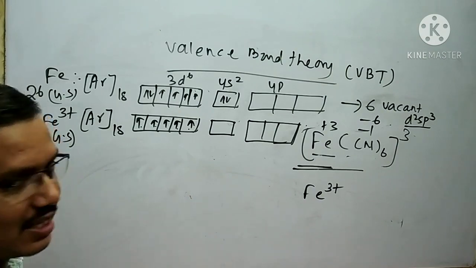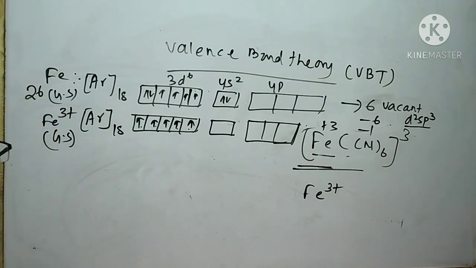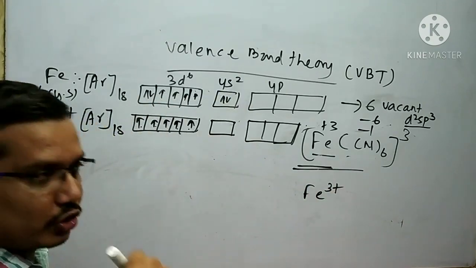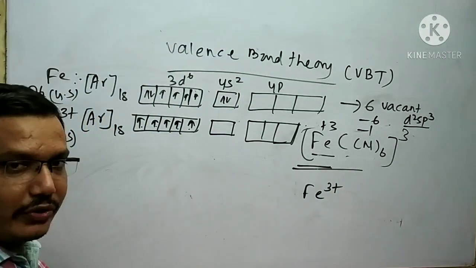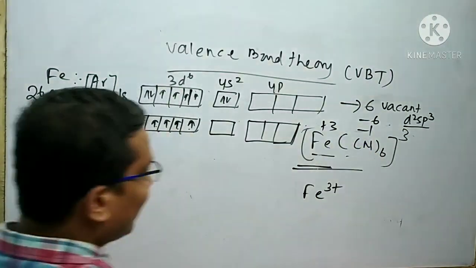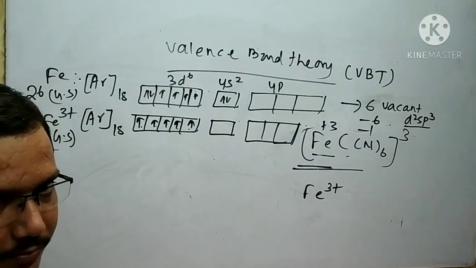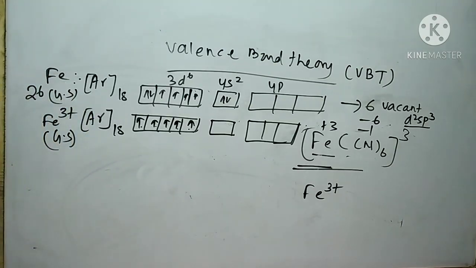This goes against Hund's rule. This can only be possible with the help of a strong field ligand. We know that under a strong field ligand, the unpaired electrons get paired up, which goes against Hund's rule.